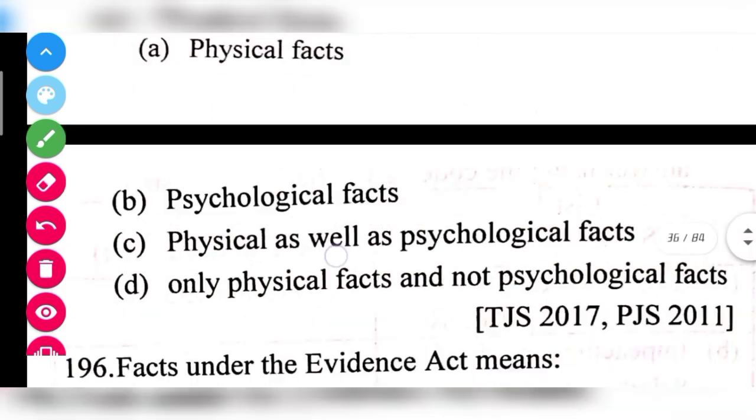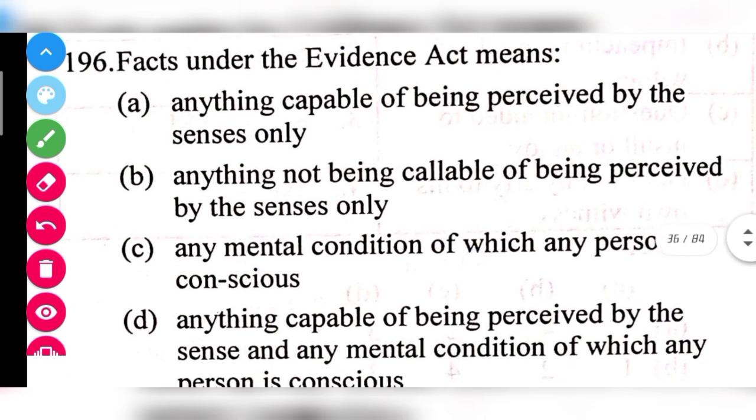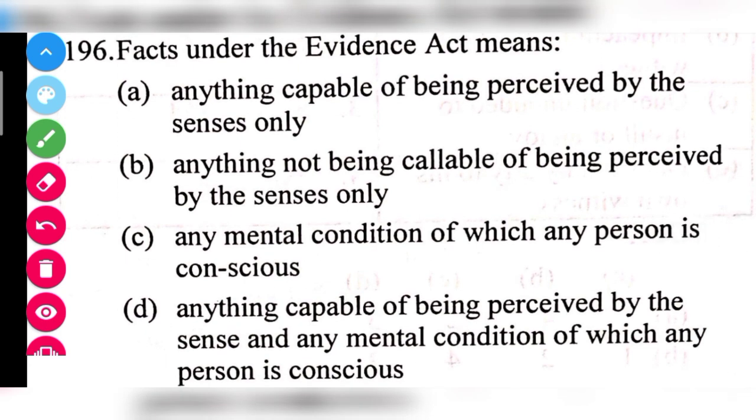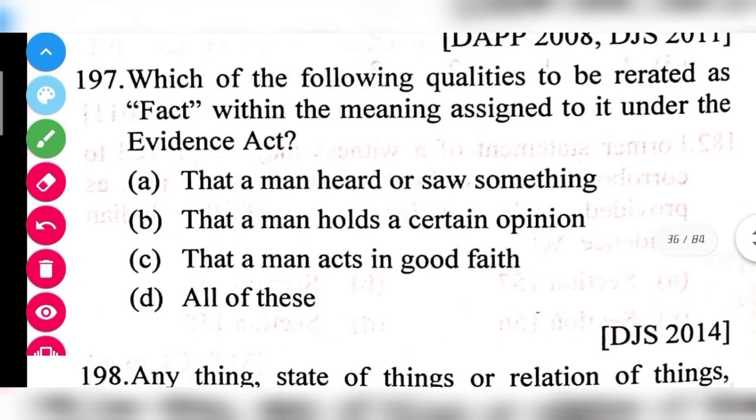196. Facts under the Evidence Act means. Answer is option number D. 197. Which of the following qualities to be rated as fact within the meaning assigned to it under the Evidence Act? Answer is D. 198.